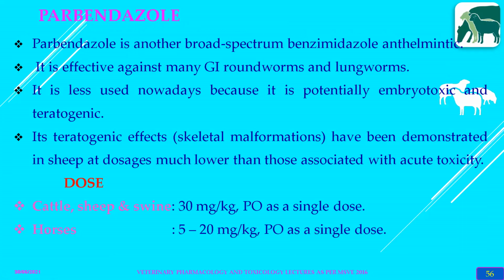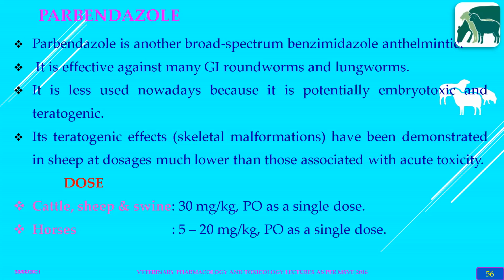Then parbendazole is another broad spectrum benzimidazole, effective against many GI roundworms, and once upon a time it was very popular under the name Helmatac. It's the trade name, and many shepherds used to drench this drug to the sheep, but it is very embryotoxic and teratogenic in nature.